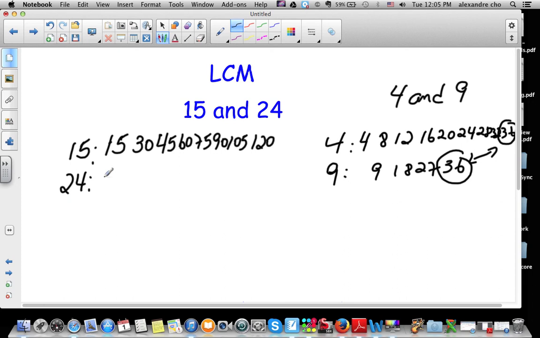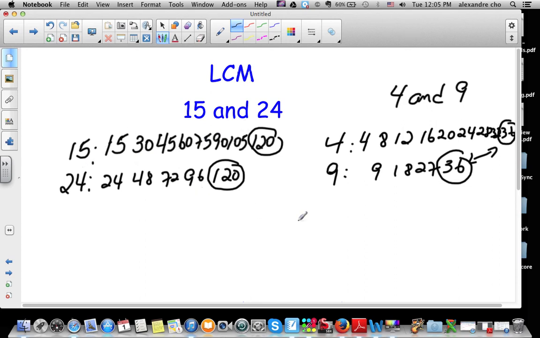Hopefully one of them will hit. So let's see, 24, 48, plus 24 is 72, 72 plus 24 is 96, plus 24 is 120. Oh, yay. Okay, we didn't have to go that far. So 120 is the LCM between 15 and 24. It's the first number that 15 and 24 can go into.